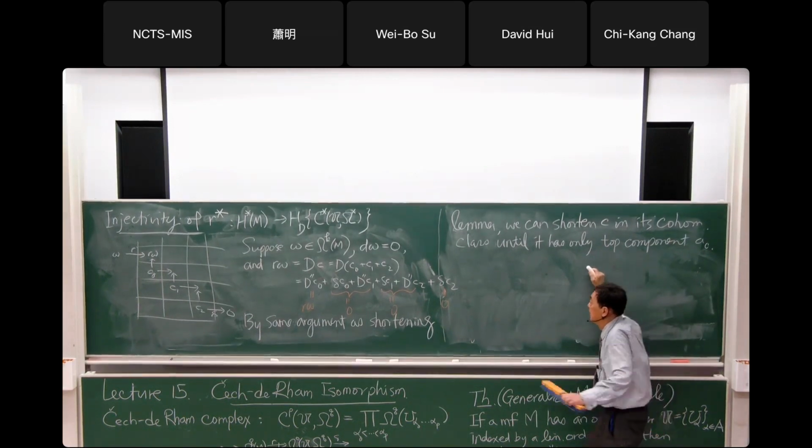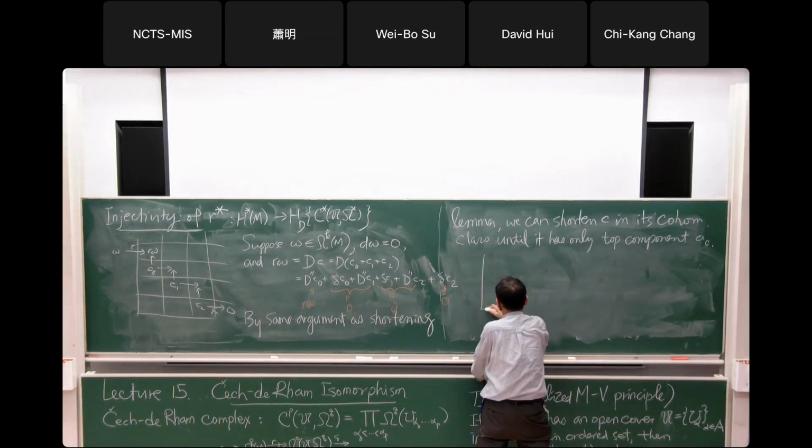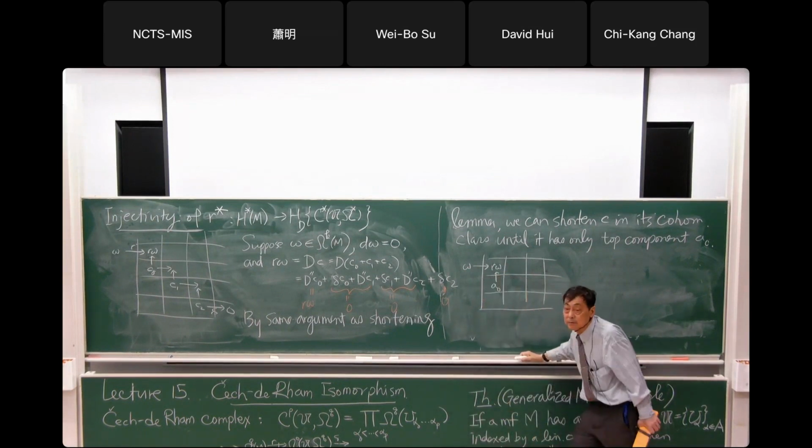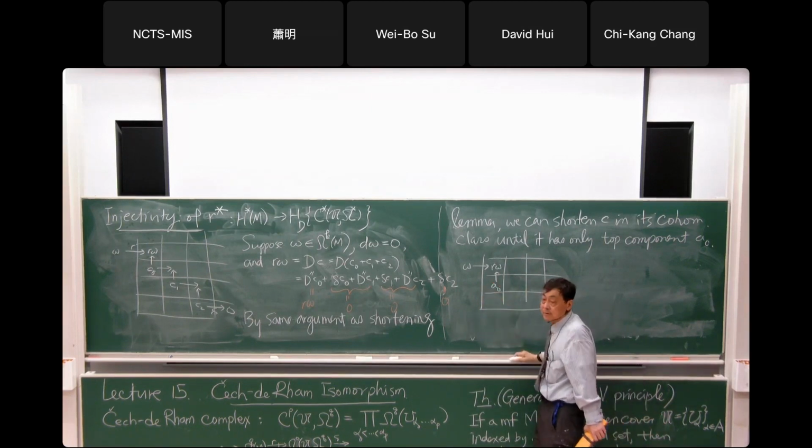So this is the picture now: you have omega and it goes to R omega, and C has been shortened to A0.